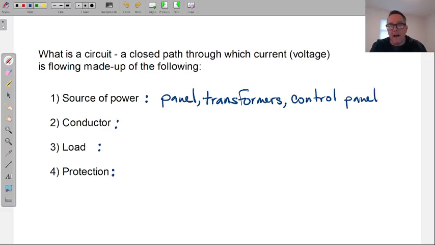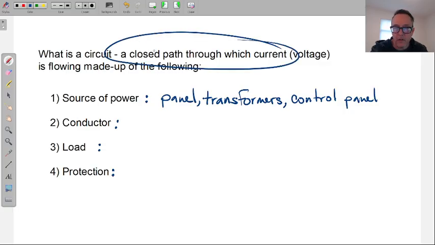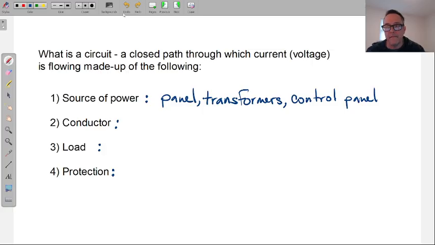If an outlet doesn't have power and you're trying to figure out why, you don't turn to current. You don't turn to amperage on your meter to check whether you have this closed path that we keep hearing about. You check voltage at the outlet. You check voltage at the connections to the outlet. You check voltage back at the panel. You go into all of these things to see if voltage is living there, not current. That's why, again, I have this.